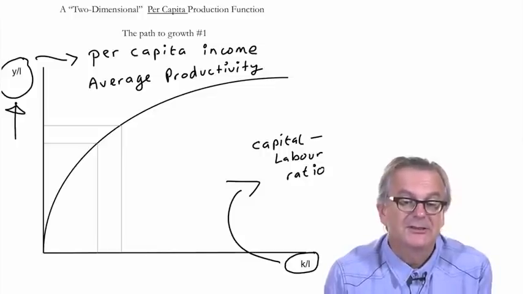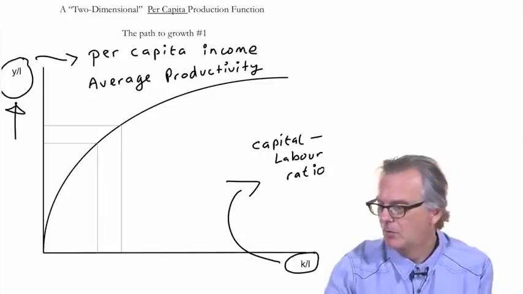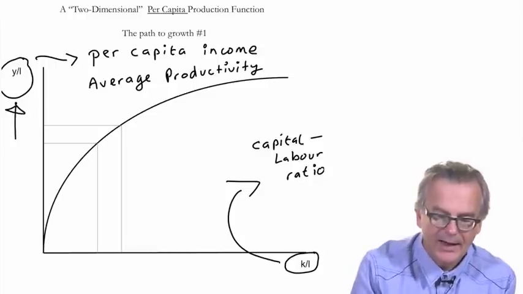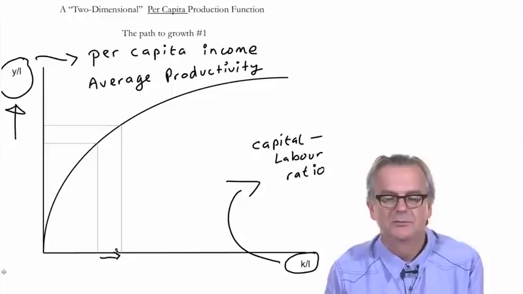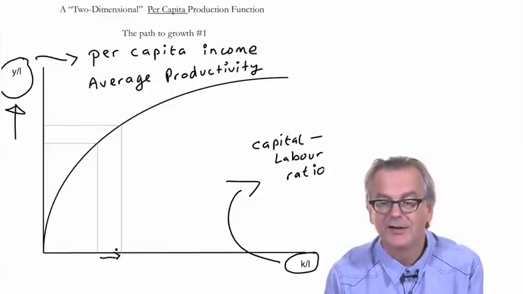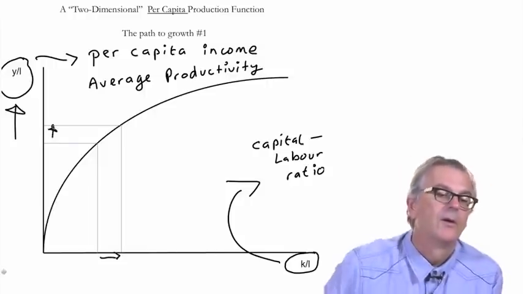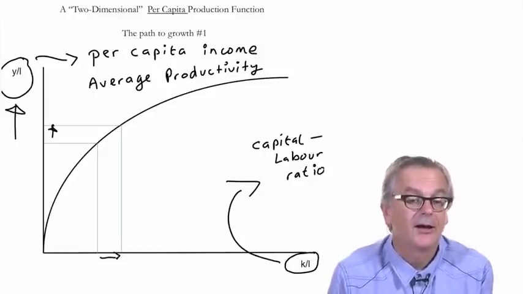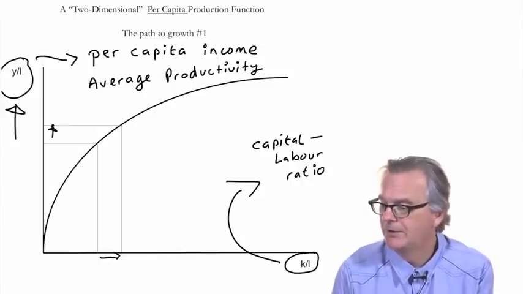So it's going to have similar characteristics to what we had previously. So that now, if we increase not capital on its own, but the amount of capital per person, if we increase the capital labour ratio, that by itself will be sufficient to generate higher average productivity or to generate higher per capita income.